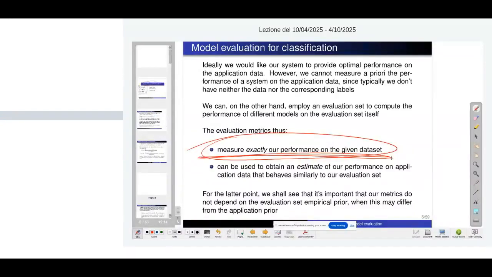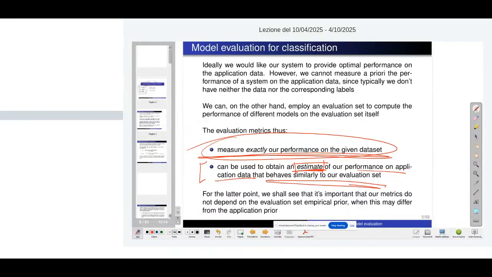And that's one thing. And then we can use this as an estimate, but we need to remember that in this case it's just an estimate of the performance on application data. Hoping that the application data behaves similarly to the evaluation set, which is always a hope because we have no guarantee that our evaluation set is actually representative of the application. We hope for that. As always, when we train a model, we hope that the training data is well matched to the application data. If it's not, then all considerations that we make will not hold.